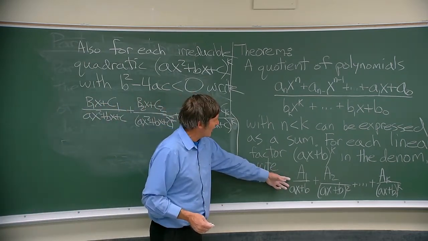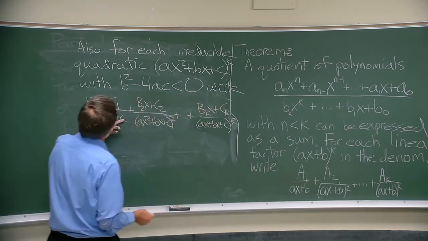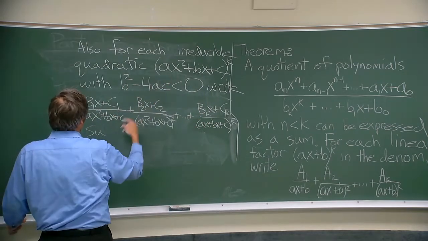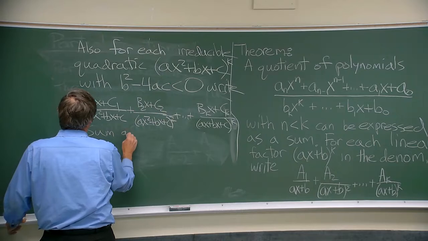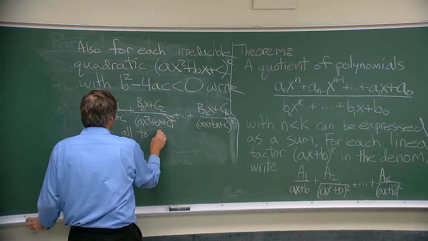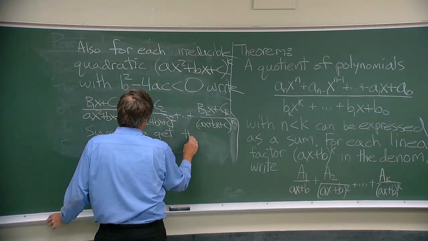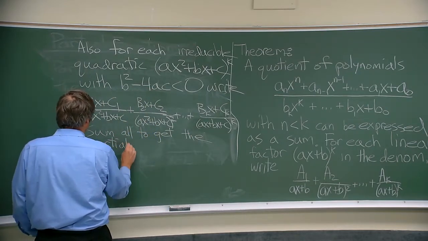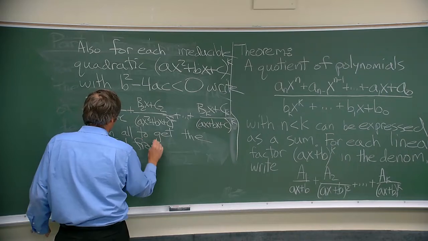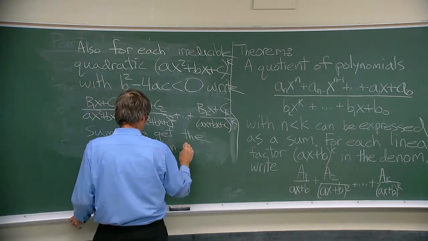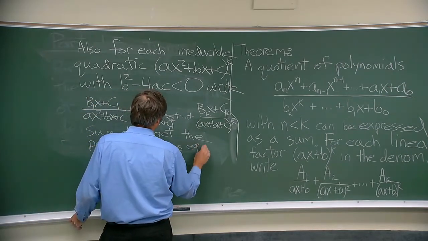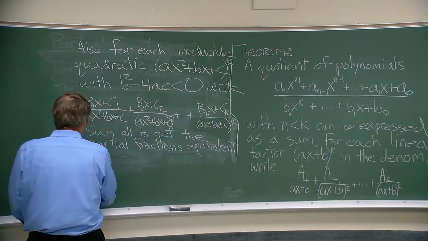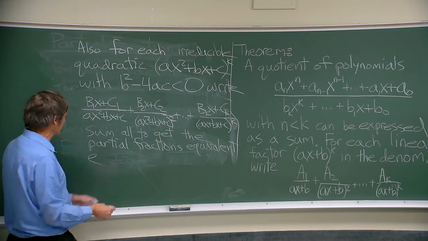And what you do is you take, for every linear factor to the kth power, you write this, then you sum it with every irreducible quadratic to the kth power like this, sum all to get the partial fractions representation, or equivalent expression, that is always integrable.